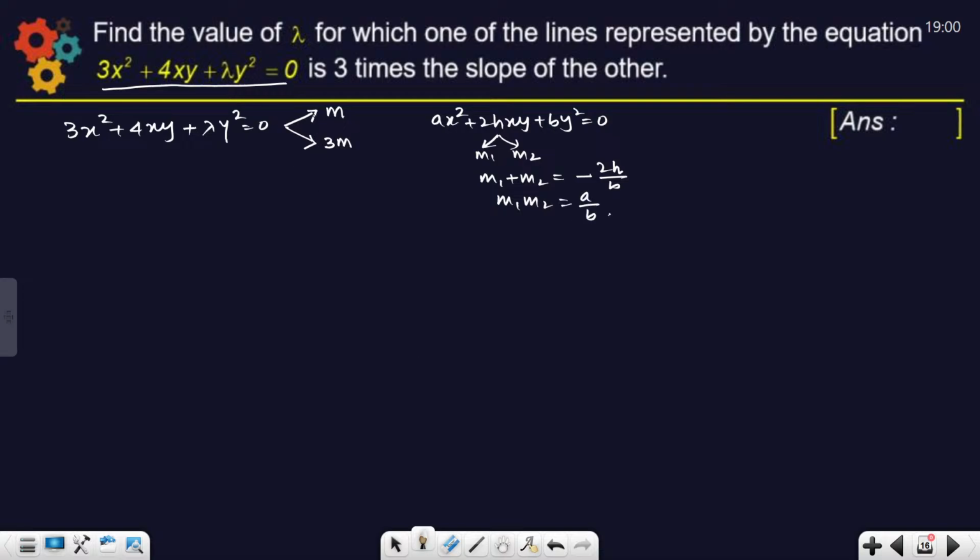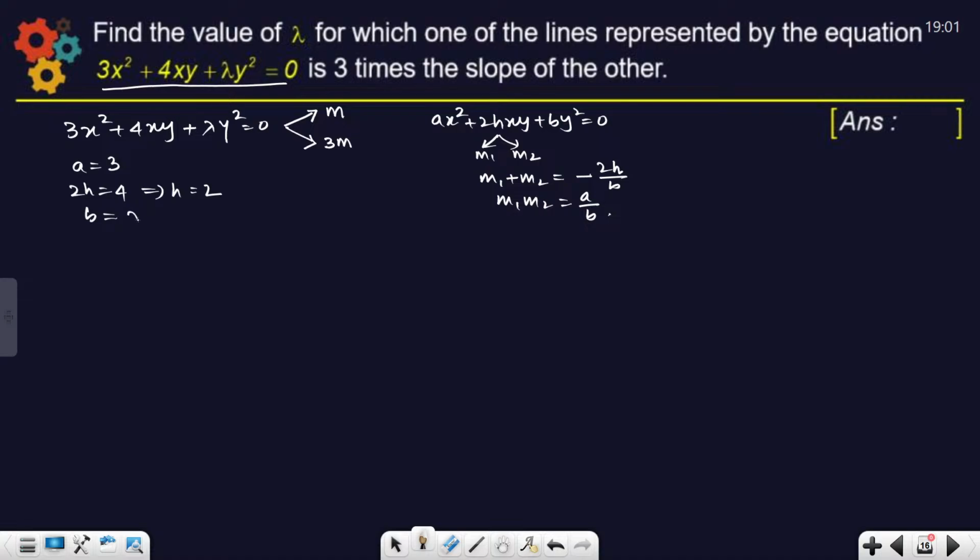So that exact form, what I will try to do here. The sum of two slopes is what? Minus 2h by b. By the way, what is your a here? It's 3. First, let us find out what a, h, and b are. A is 3 over here. 2h is 4, which implies h is 2.